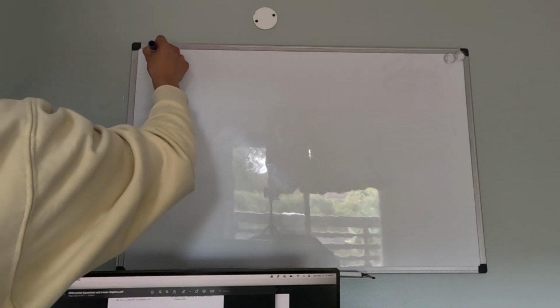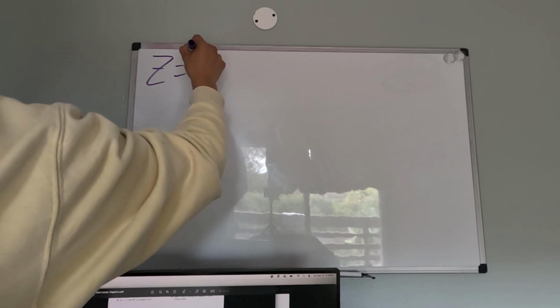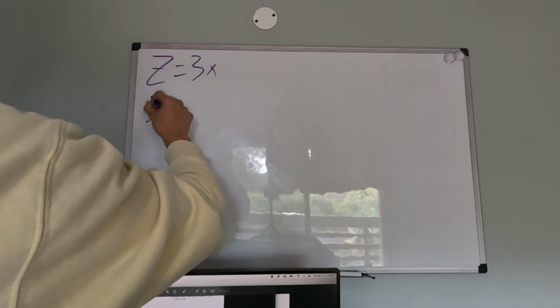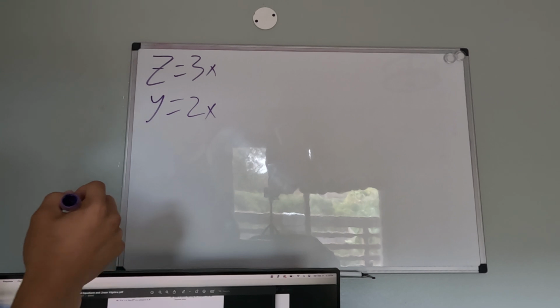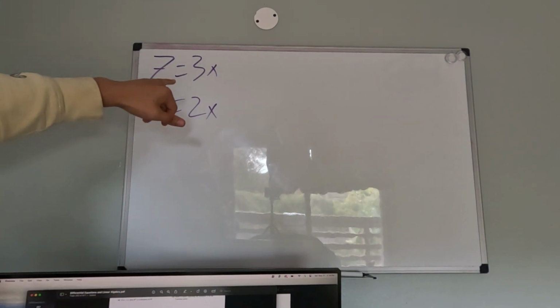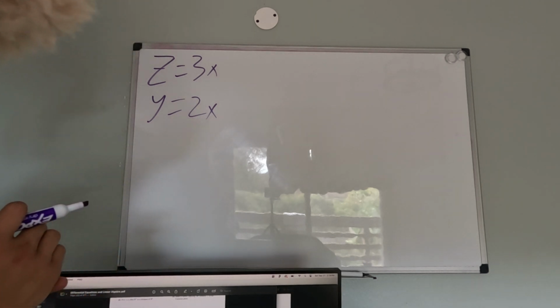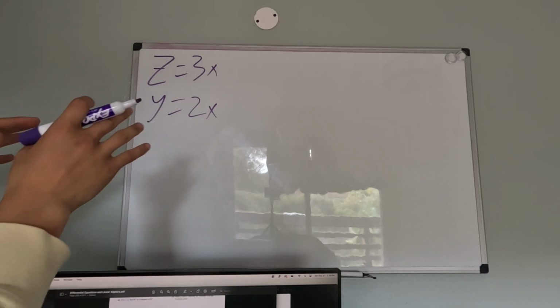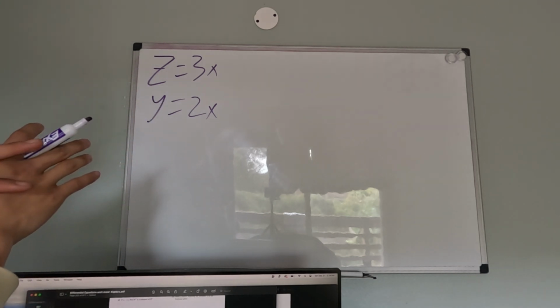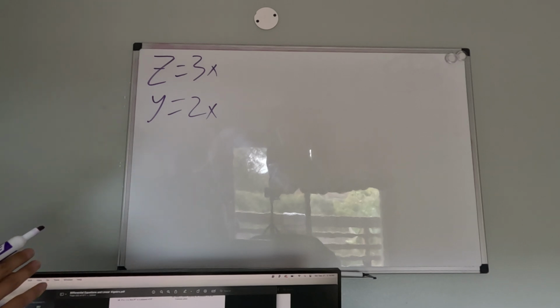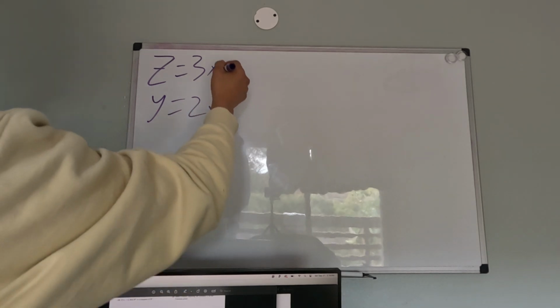When you're checking the subspace, if you want to check closure under addition, with z equals 3x and y equals 2x, all that means is if you take any vector from here and add it with any vector from the other one, are they still in R3?